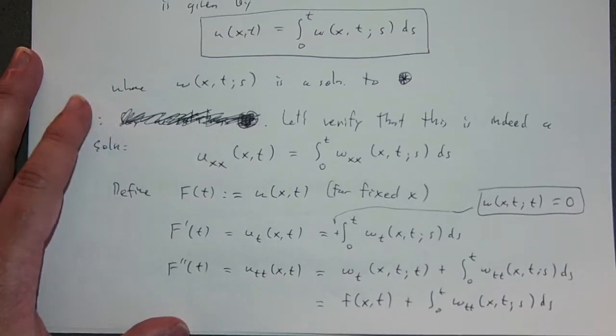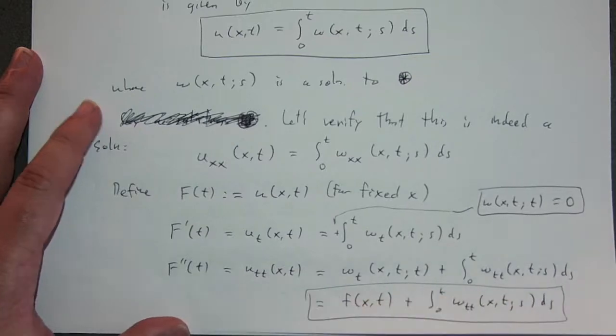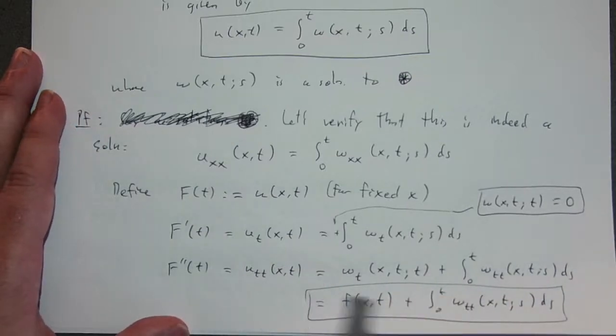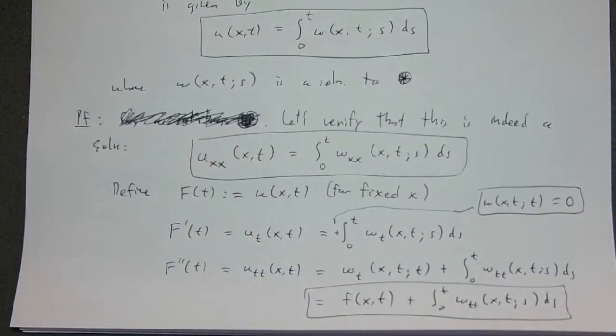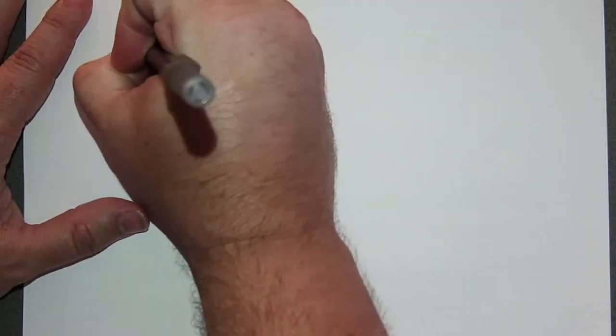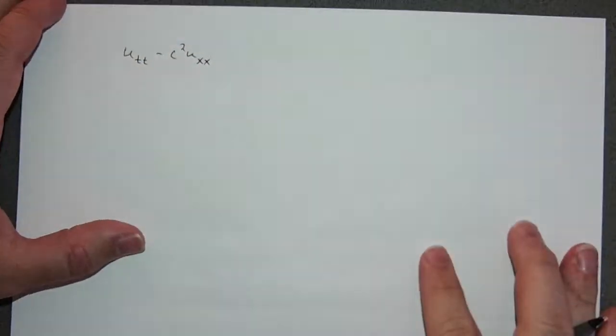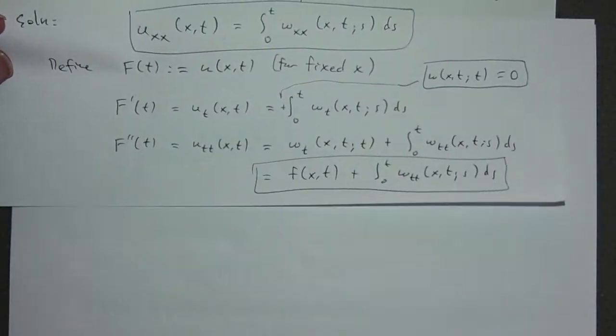And now it becomes clear what it is that's going on here. Right. So let's go back to this expression here. Okay. So what is u sub tt minus c squared u sub xx? What is that? Well, u sub tt is this thing.